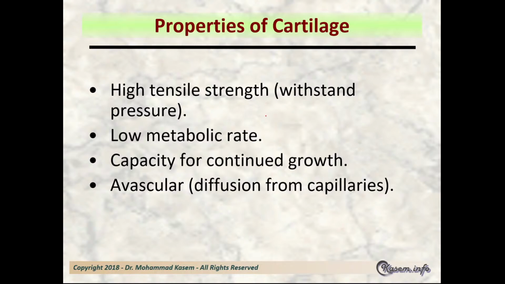And these joints are exposed to high, continuous pressure. The cartilage has a low metabolic rate, doesn't consume much energy, is relatively low in growth and healing, and it is avascular. It doesn't have vessels inside the matrix.